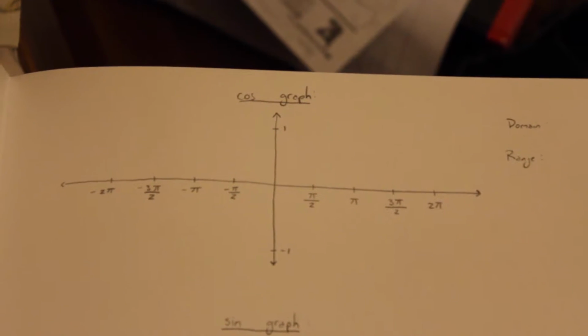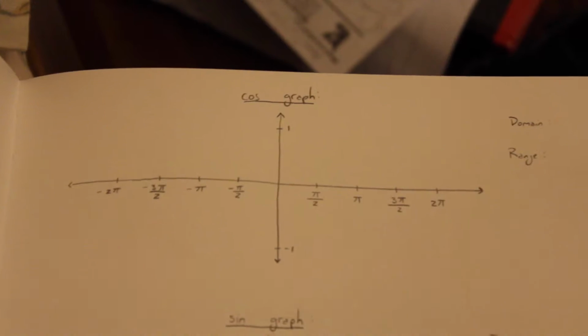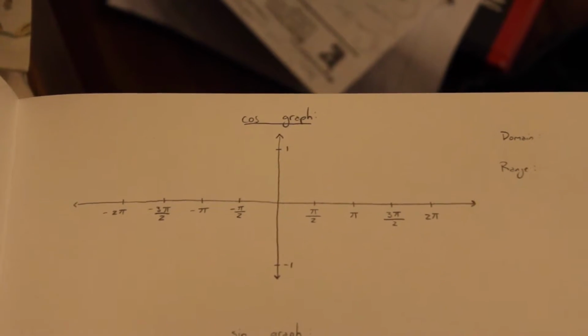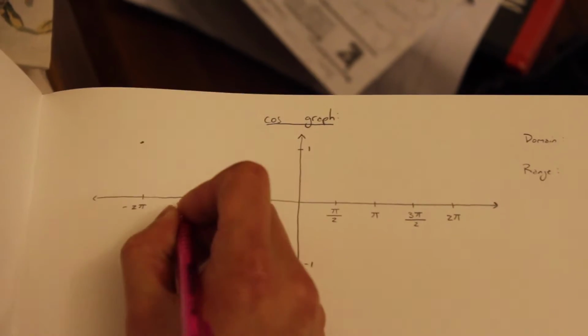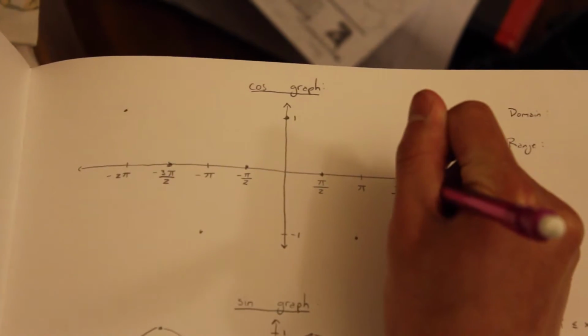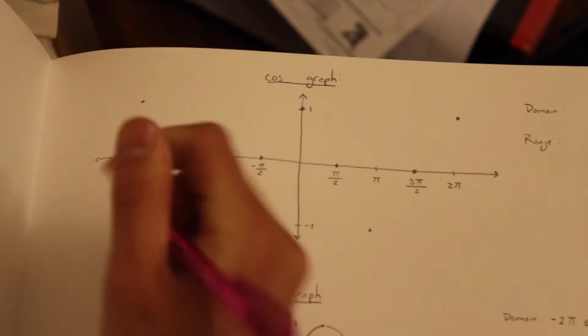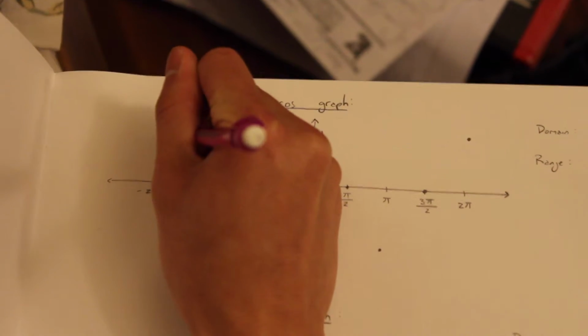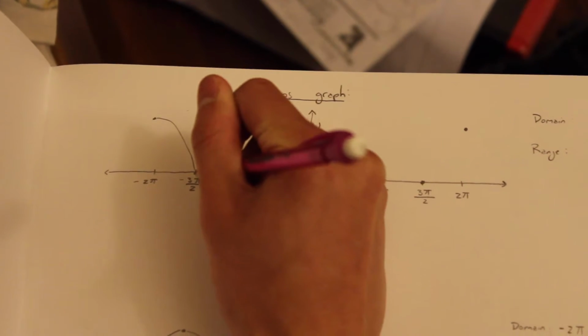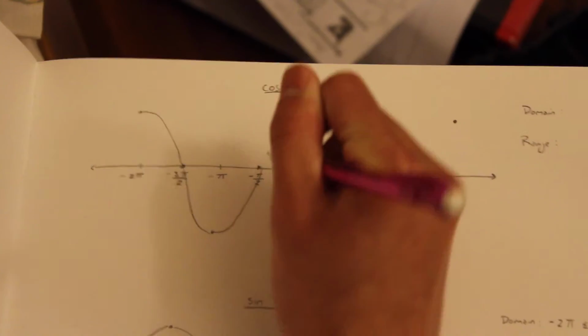Hey, Mr. He, why don't you draw that cosine graph? Sure. Using this unit circle, we can also draw the cosine graph and the tan graph. FYI, he's getting these points by looking at the unit circle and doing the cosine of 0 is 1, for example, or the cosine of pi over 2 is 0, and so forth.